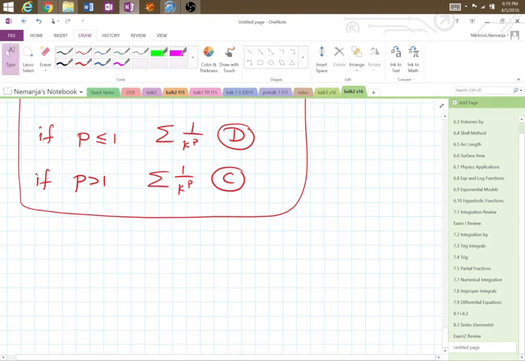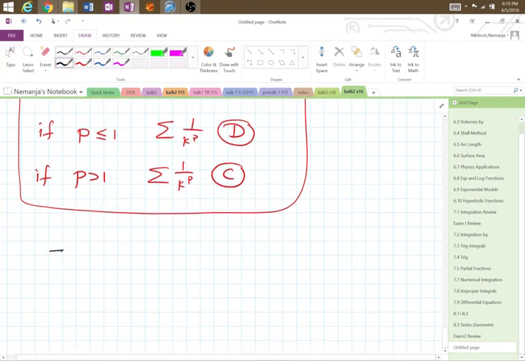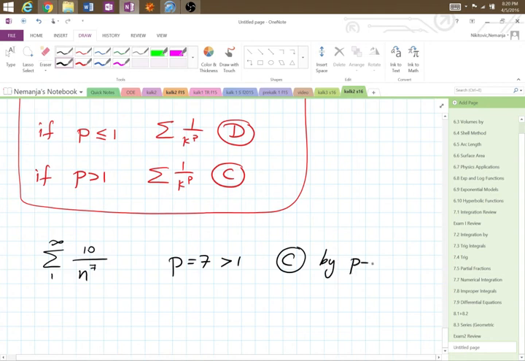So here is the question. What is the series of 10 over n to the 7th as it goes to infinity? Converge or diverge? Converge. Very good. p is equal to 7, which is bigger than 1, so it converges by the P-series test. You remember how you use it for geometric series?